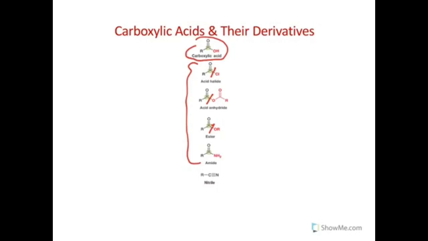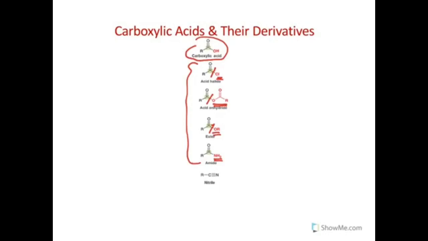So the nature of the leaving group is going to determine the reactivity of the carboxylic acid derivative. In other words, how stable the leaving group is and how fast it can be kicked out controls the reactivity.